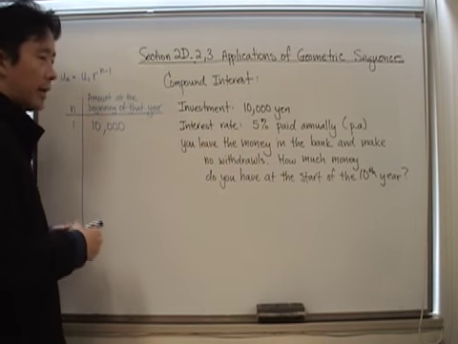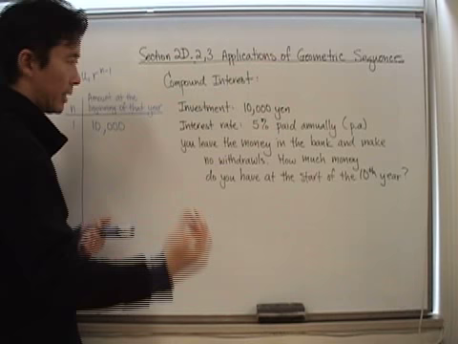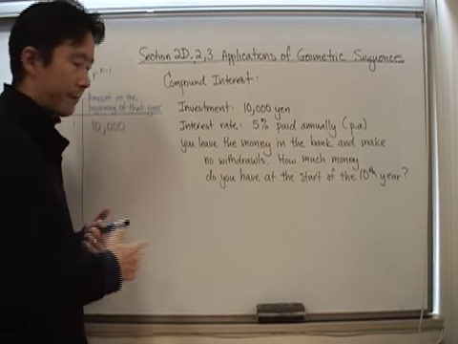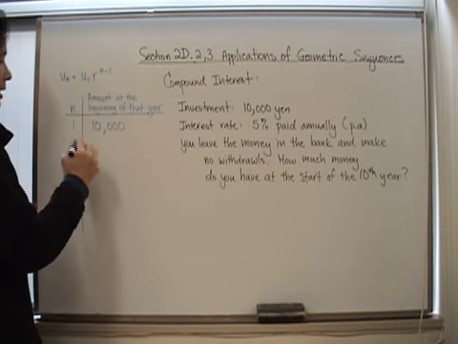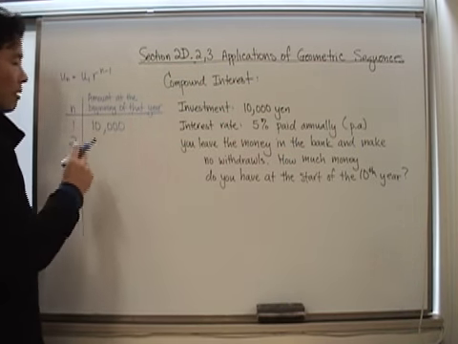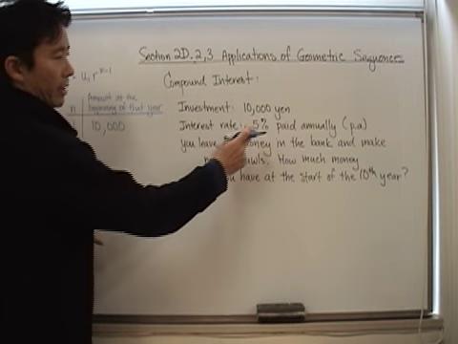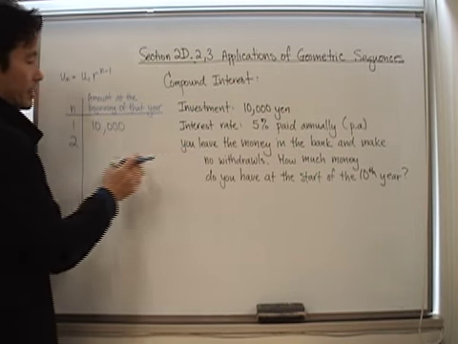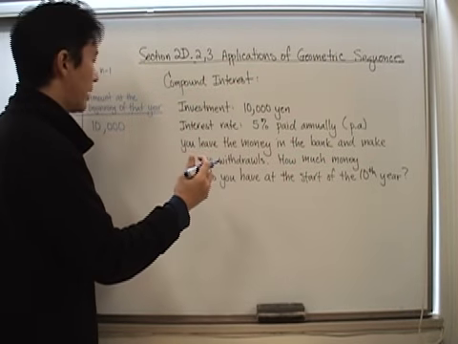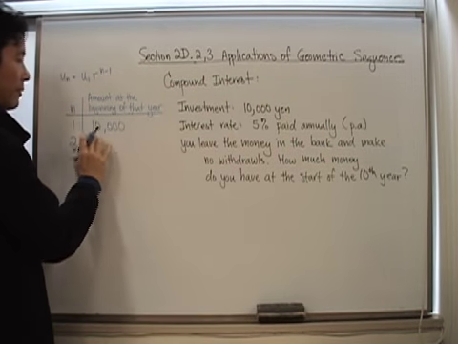Now, let's say that we let that money sit in the bank for 1 year. At the beginning of the second year, the bank will give me 5% interest of this amount, and they'll add it to my amount in the bank.